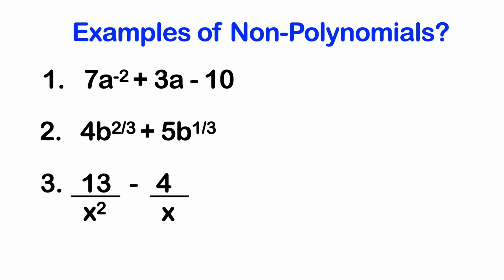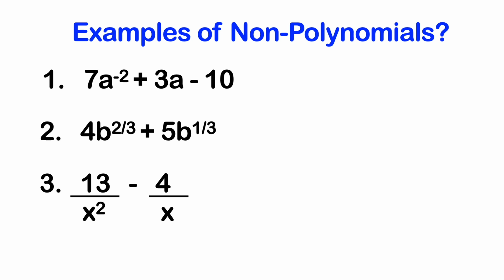Number 3, 13 over x squared minus 4 over x. Although, ang exponents ng variable dito ay whole number, no? Pero kasi, kapag merong variable sa denominator, hindi na siya polynomials.